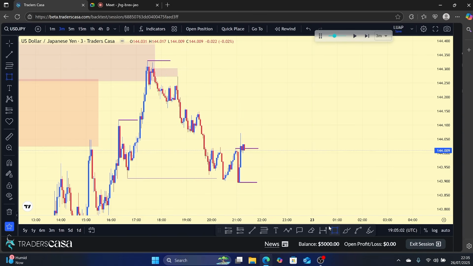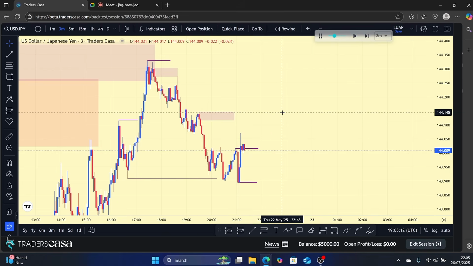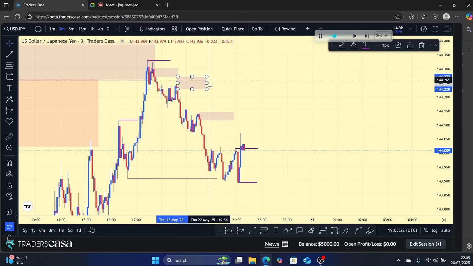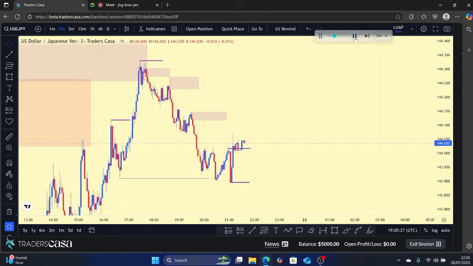So I'll be shifting to this next one, and I'll be sticking with this and this one here. All right, so let me see where price is reversing from.